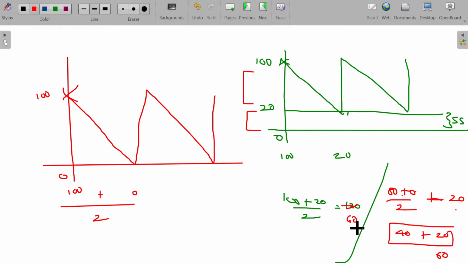So you can either calculate this way, 100 plus 20 by 2, similarly 100 plus safety stock by 2, or you can take this value directly, 80 plus 0 by 2, and the safety stock is added further. This 80 is nothing but EOQ. The quantity becomes this much, touches the safety stock, and immediately you order fresh, which is equal to EOQ.